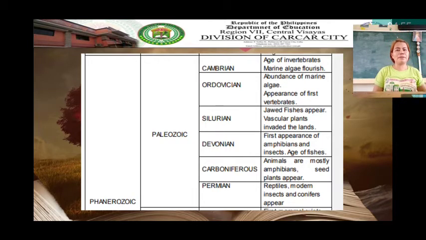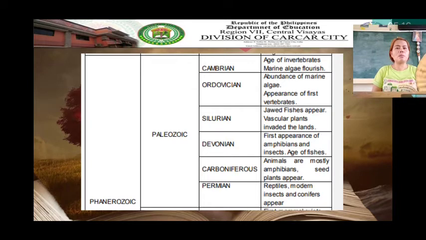The first period is the Cambrian. Next is Ordovician. Third is Silurian. The fourth is Devonian. Fifth, Carboniferous. And the sixth is Permian.